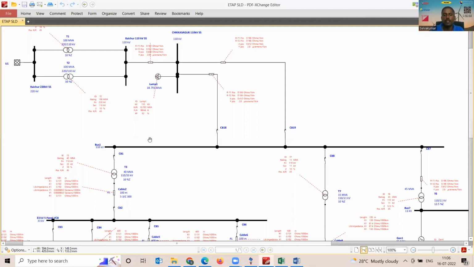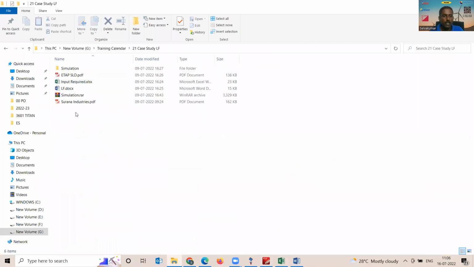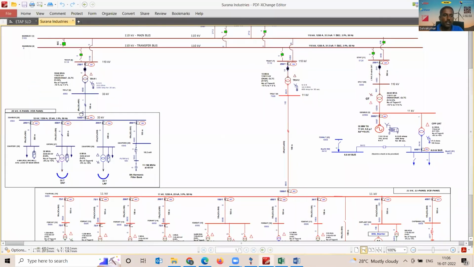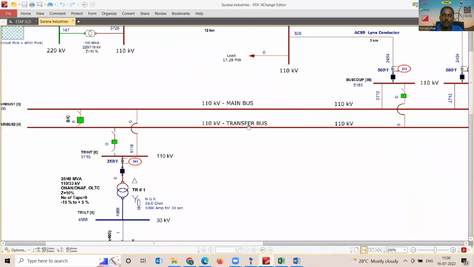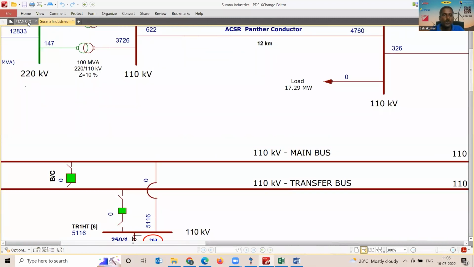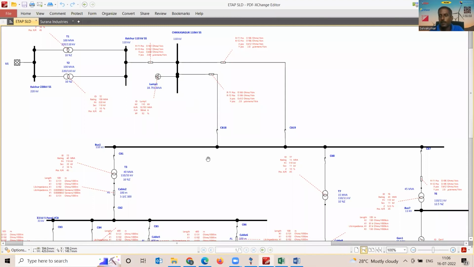That's the real reason why the main and transfer scheme, which is there in the normal SLD, is not really modeled in the ETAP SLD. It's a main and transfer, right? It is not really adding any value in the load flow. So this could be as simplified as this.